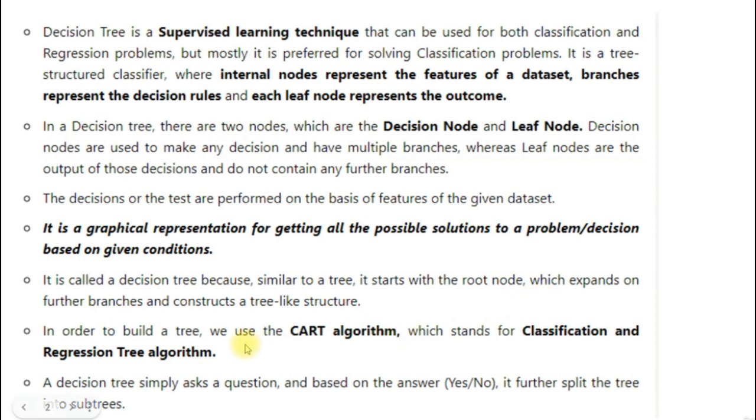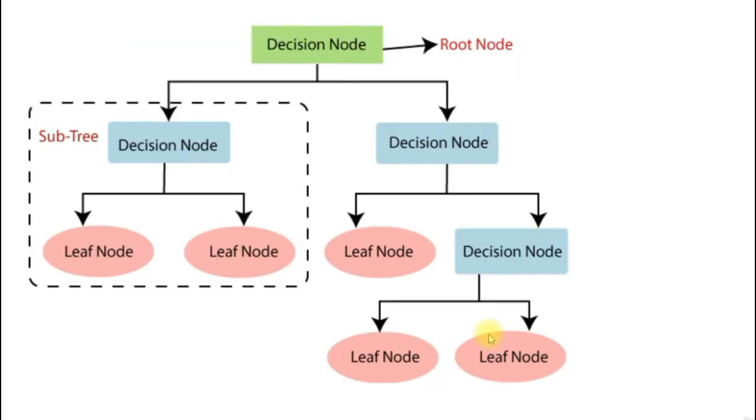In order to build a decision tree, we use the CART algorithm, which stands for classification and regression tree algorithm. As already discussed, we can perform both classification and regression tasks with this algorithm, hence the name CART. A decision tree simply asks a question, and based on the answer yes or no, it will split the tree into next subtree structure.